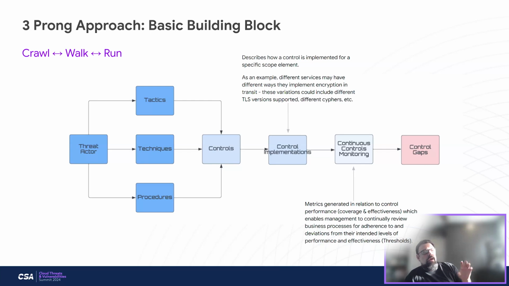The incorporation of the threat actor, the tactics, the techniques, and the procedures, and having those as contributing factors and establishing the relationship between those elements and the controls, is an additional layer that ties traditional governance and risk methodologies to security methodologies.